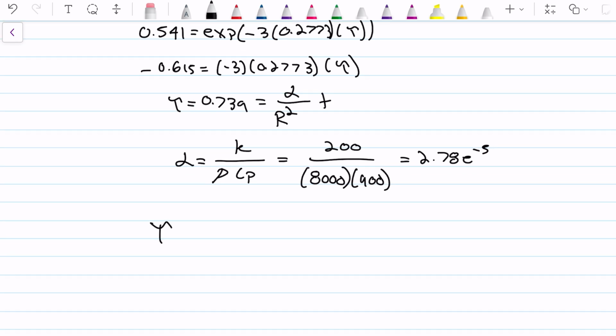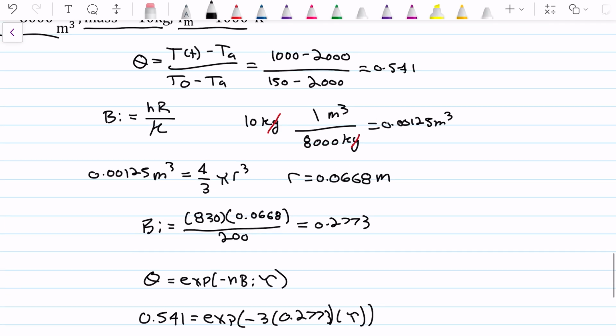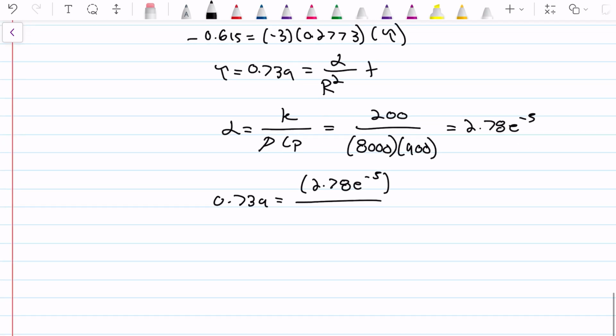Let's go back to our tau. 0.739 equals alpha, which we just solved, all over r squared, which we solved. Our r we said was 0.0688 squared.